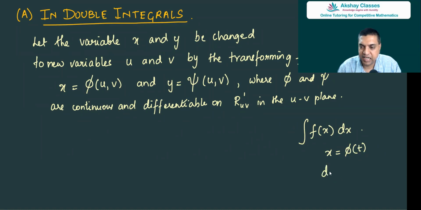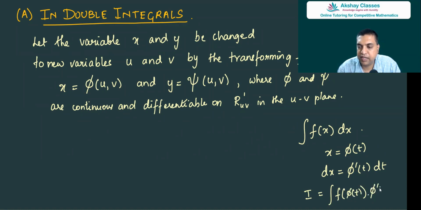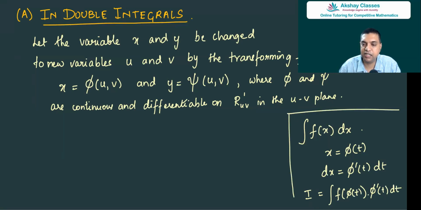Then dx will be phi dash t dt. So I becomes integral f of phi of t into phi dash t dt. Remember, in single variables, we do like this.